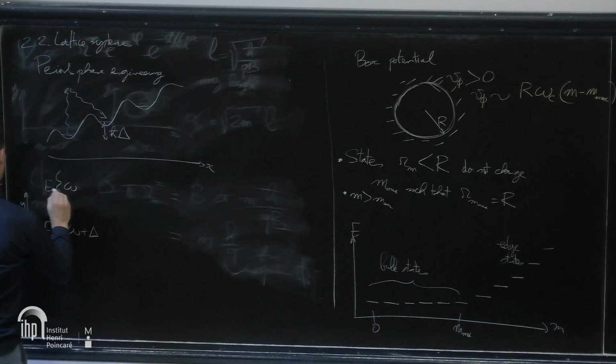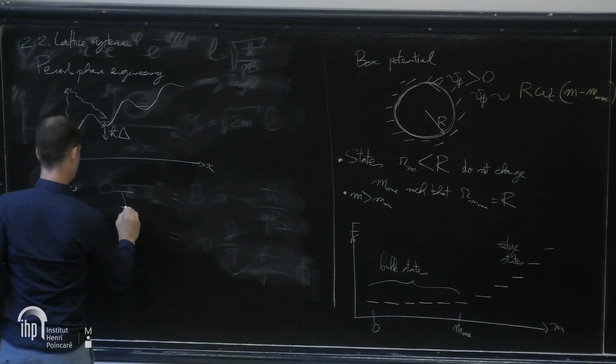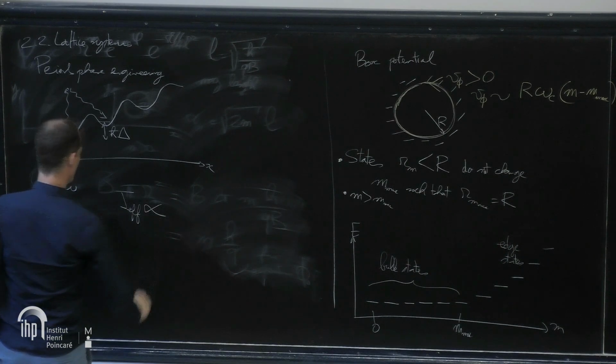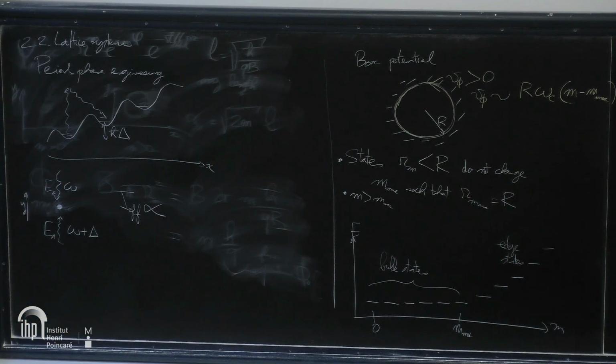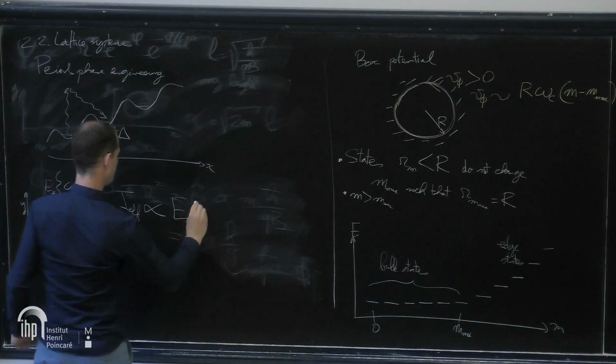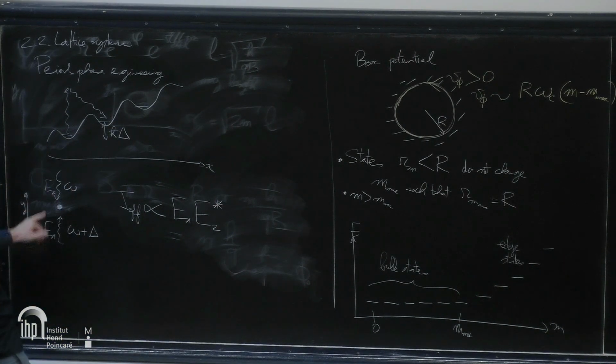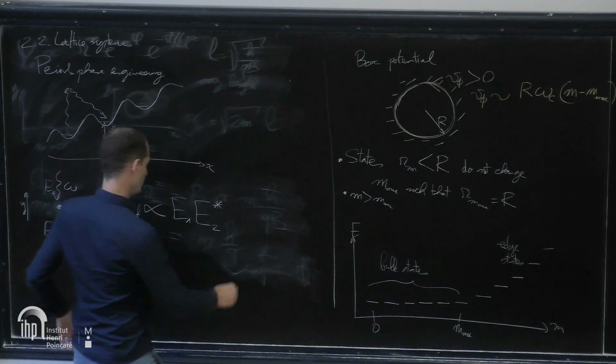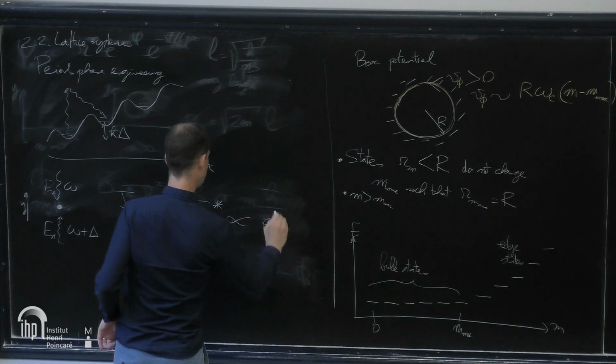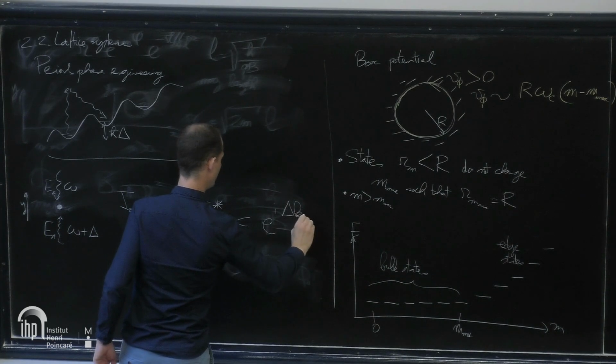The electric fields are E1, E2, and so the effective tunneling will be proportional to the amplitude of E1 times the complex conjugate of the amplitude of E2, because we absorb a photon from this laser and emit in stimulated emission in the second mode. And so it will be proportional to e^(i delta k y).